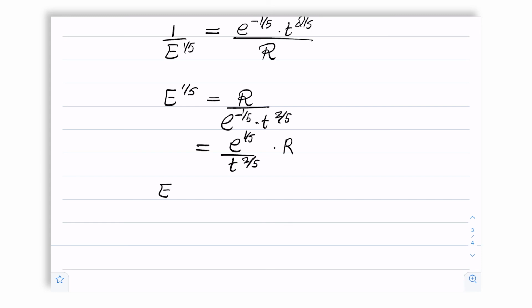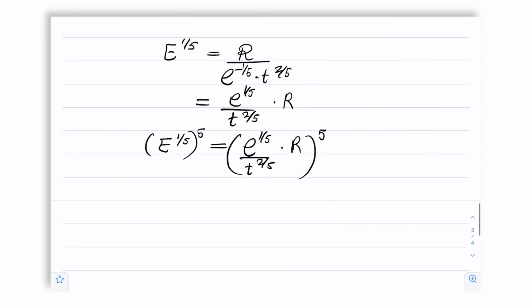We end up with E to the power 5 is equal to rho to the power 1 by 5 upon t to the power 2 by 5 into R, whole to the power 5, and it resolves to E, the 5 and 5 cancel on the left hand side, equals R to the power 5 rho upon t squared.